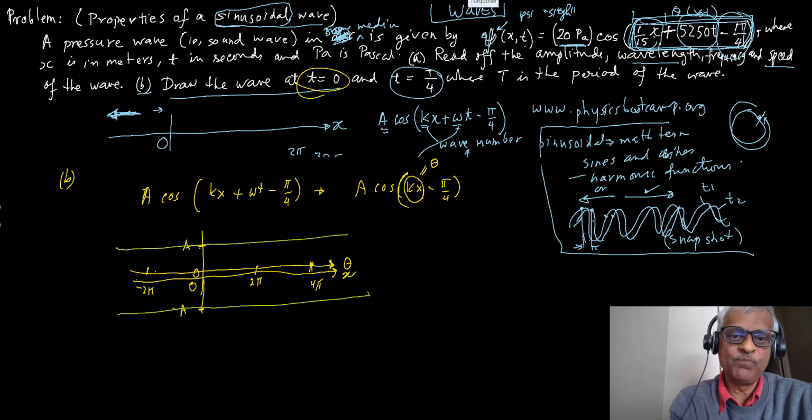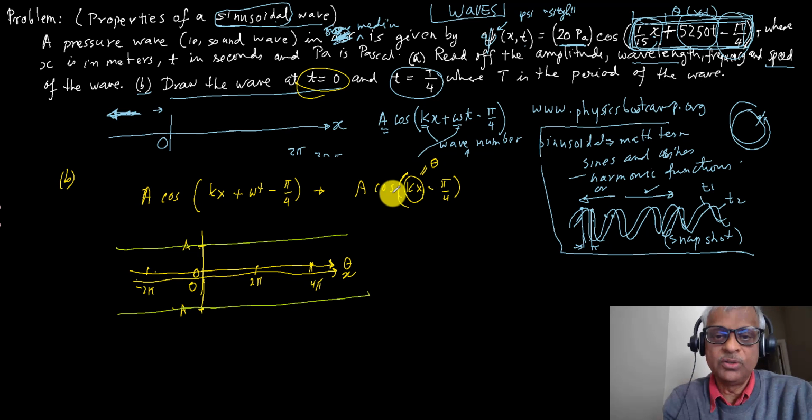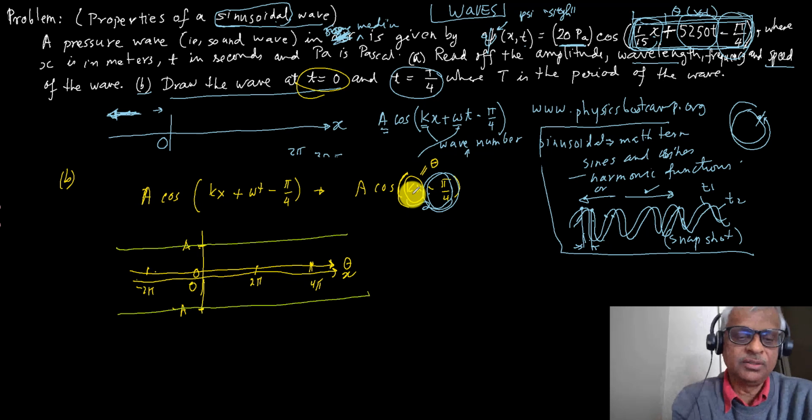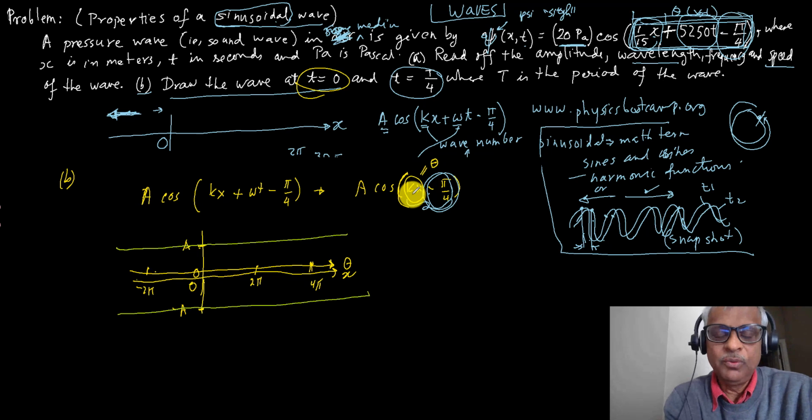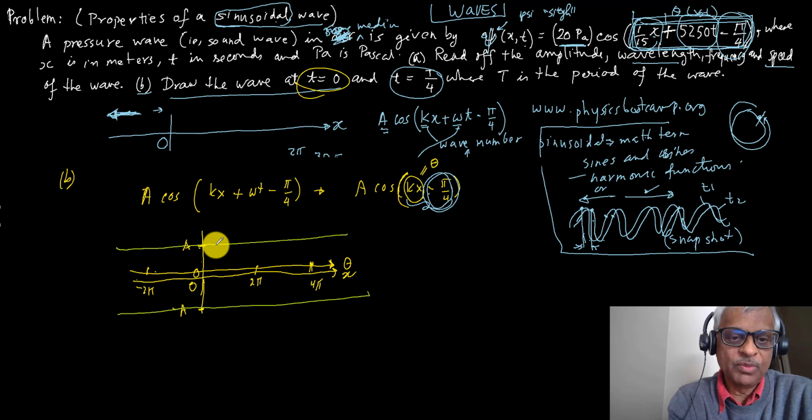When theta is 0, the argument of the cosine is minus pi over 4. This is the phase constant. When theta is pi over 4, that's where the peak is, right?